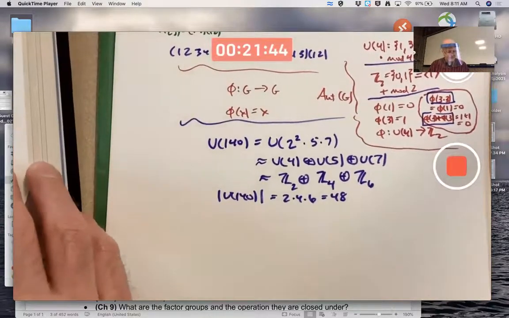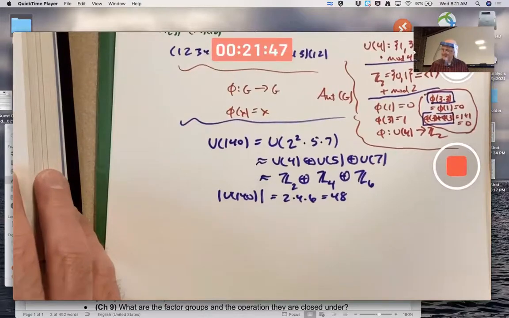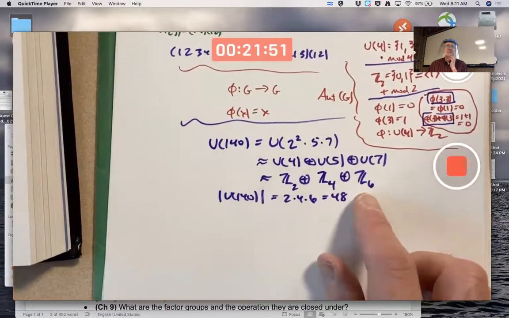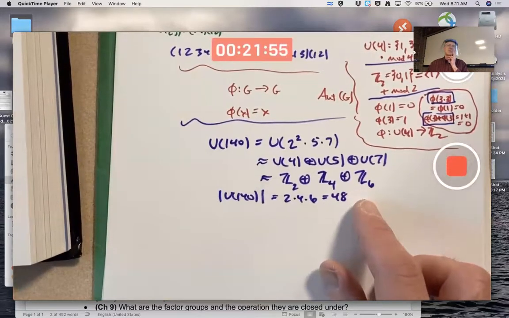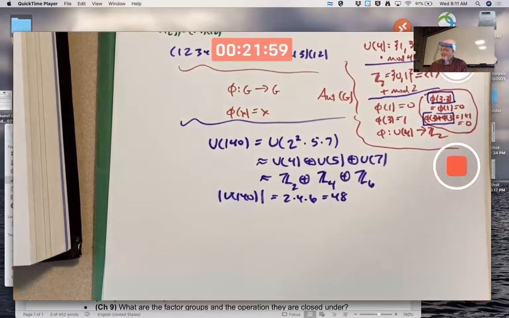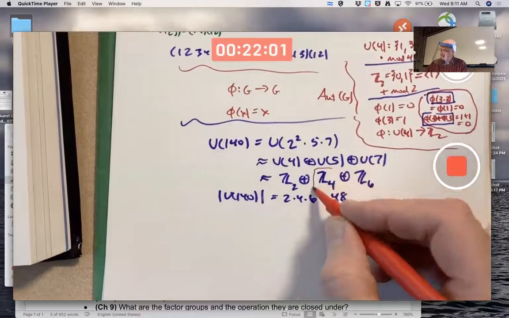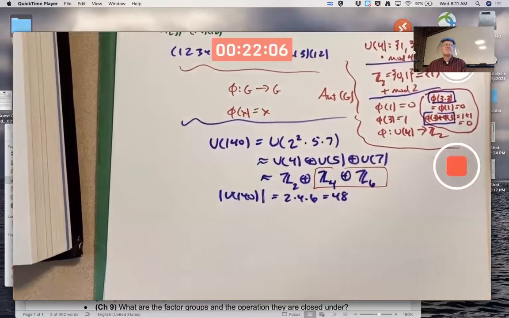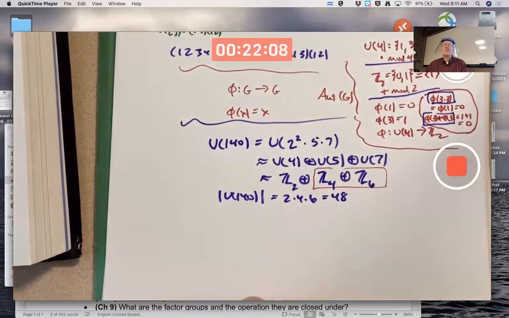It says find a subgroup of U140 isomorphic to Z4 external direct product with Z6, which would have 24 elements instead of 48 elements. Find a subgroup isomorphic to that. Does seem pretty tricky.